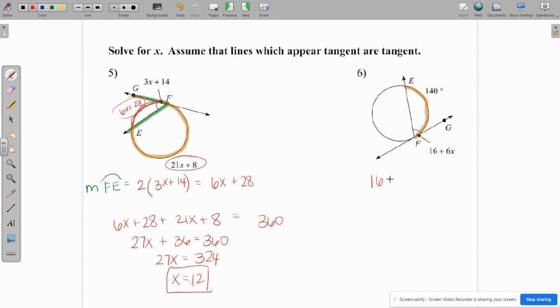So we could say that 16 plus 6x should equal half of the intercepted arc, 140 degrees, which means 16 plus 6x equals 70, since that's half of 140. We could take 16 away from each side. 70 minus 16 is 54. Divide both sides by 6, and therefore x equals 9.